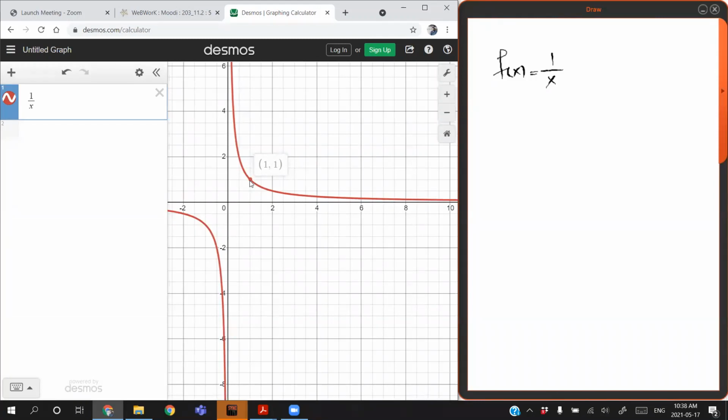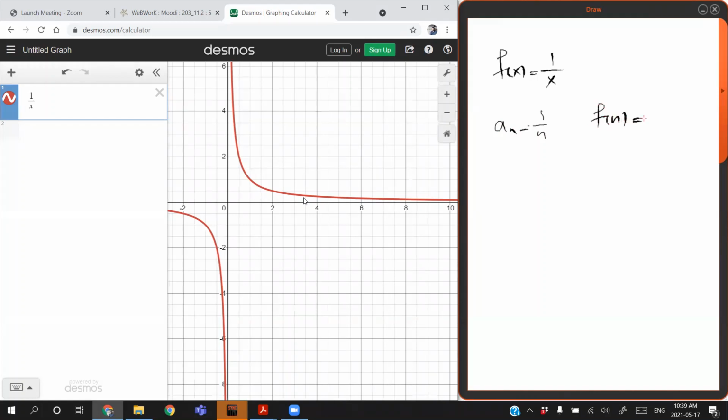And then after 1, you can see that this function is continuous. There is no break. It is decreasing and it is positive. It has all those properties: continuous, decreasing, and positive.